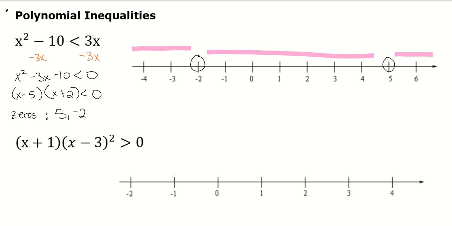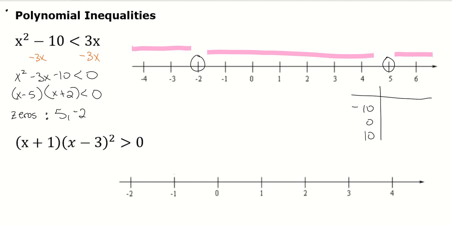So I'm going to do a quick test over here to the side. Quick little test. I'm going to test negative 10, 0, and 10. I just chose those numbers at random. 10's easy to multiply by. I can easily plug those in and check them. So I'm going to plug in negative 10 for my x.